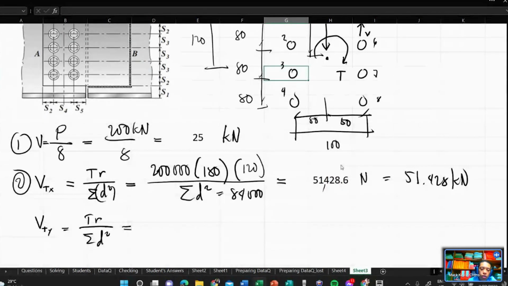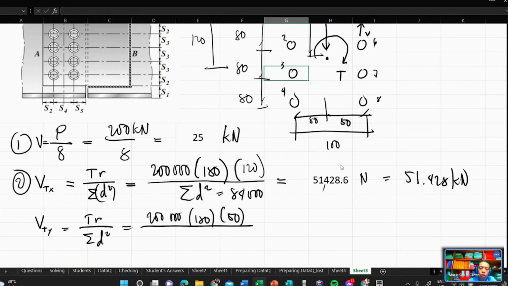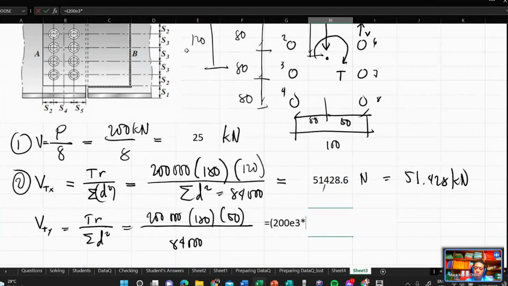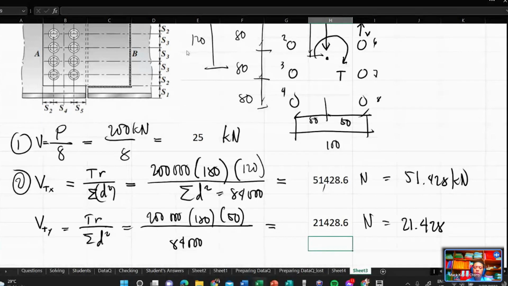So this is equal to 200,000 times 180 times 50 divided by 84,000. The result is 21,428.6 Newton, which is 21.429 kilonewton.